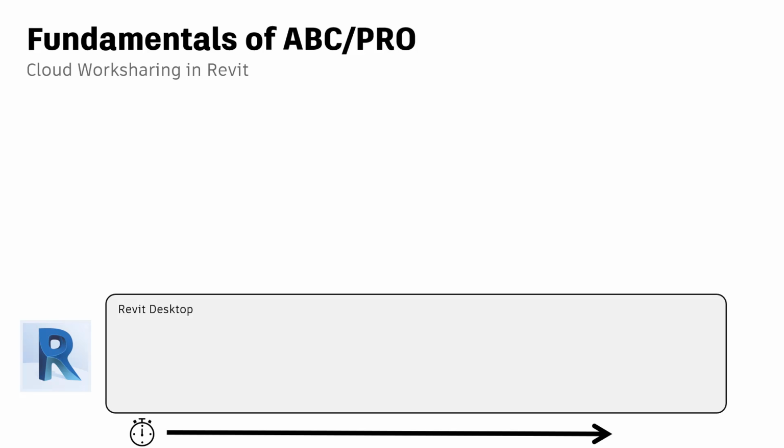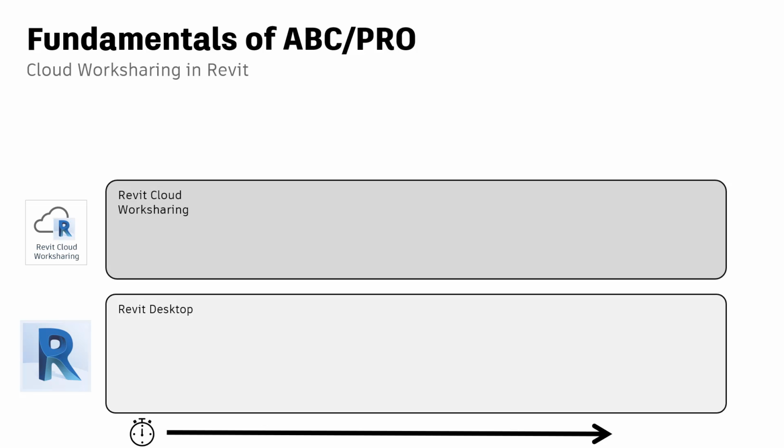For specific cloud work sharing workflows in Revit, we can actually see that we have a specific space, of course, on the desktop, on the computer, and we will use the Revit Cloud Work Sharing service to interact with the cloud.